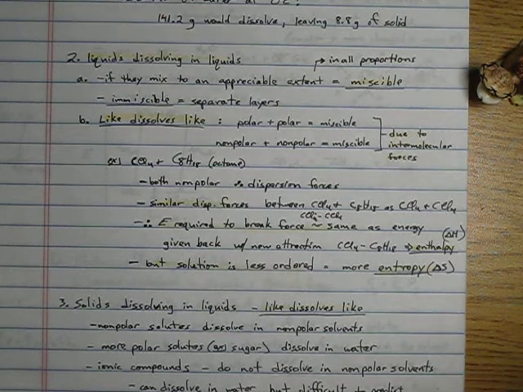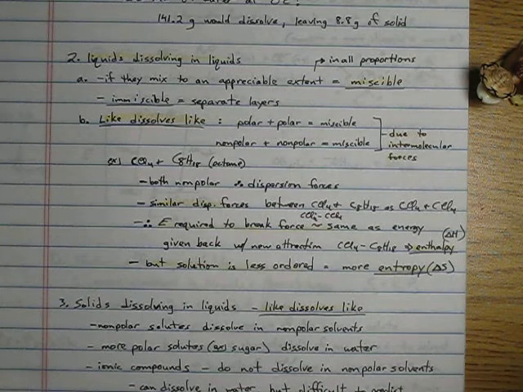They mix together, not a problem. If you had 5 milliliters of water and 95 milliliters of methanol, much more methanol, the methanol would be the solvent in this case, and that water will dissolve in the methanol. That 5 milliliters of water will dissolve in 95 milliliters of methanol, no problem.